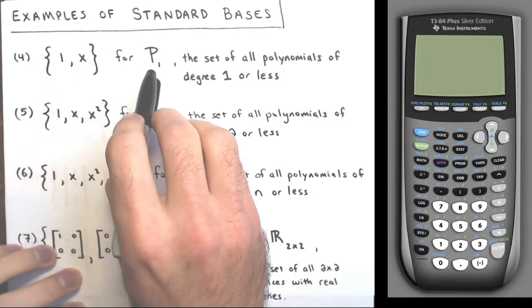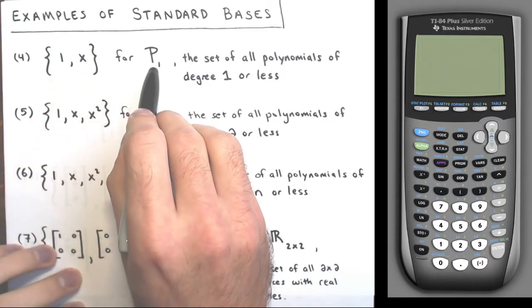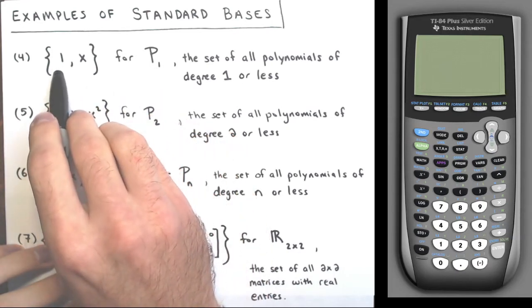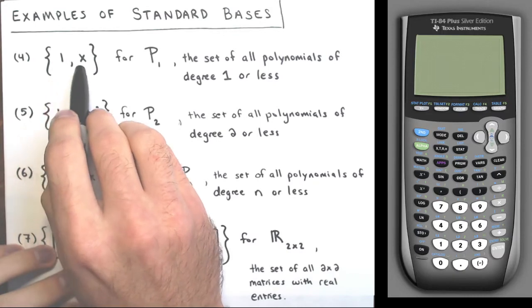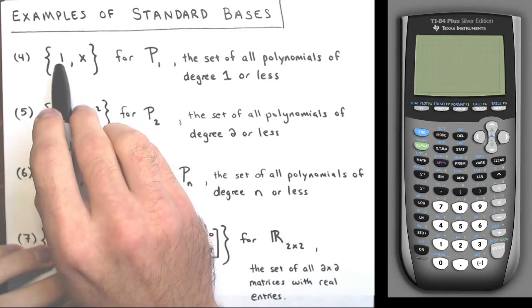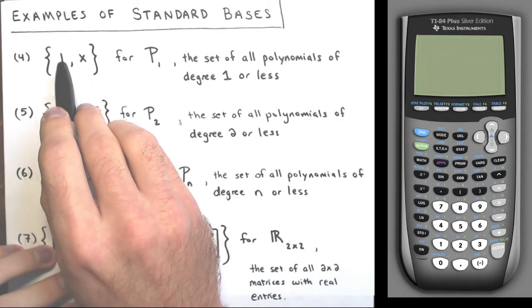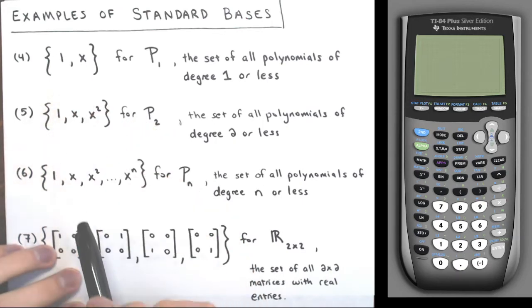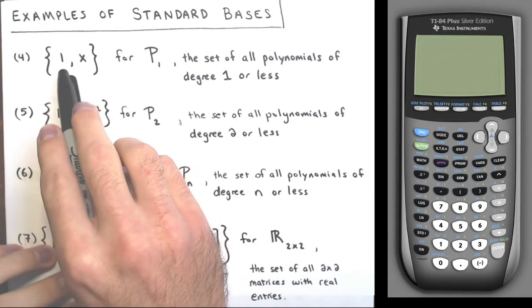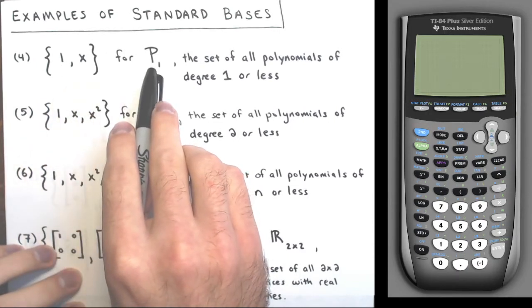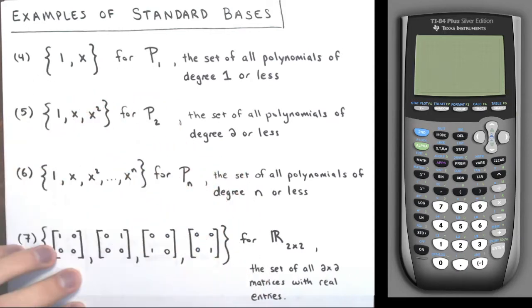So every vector in P1 is a linear combination of these two. And there are only two vectors here. They're not scalar multiples of one another. I can't multiply this by a real number to get x. I can't multiply x by some real number to get 1. They're linearly independent. So again, they're the simplest building blocks for P1, the standard basis. And then it's very similar to this for P2, P3, P4, and so on.